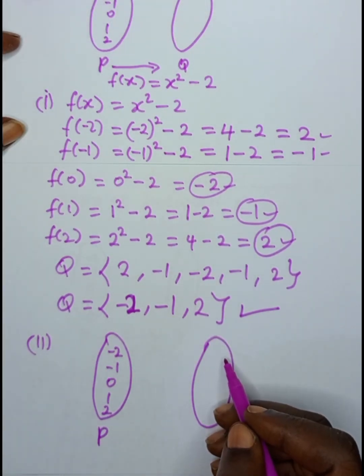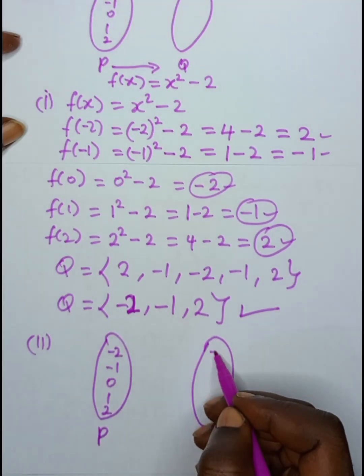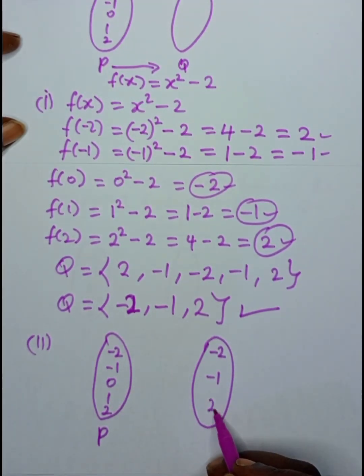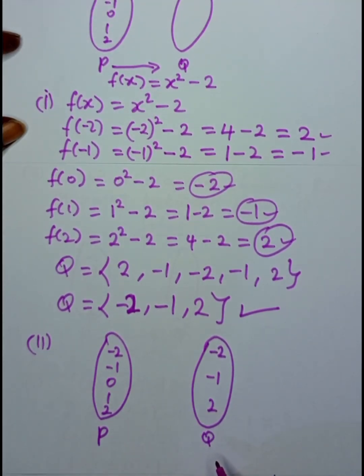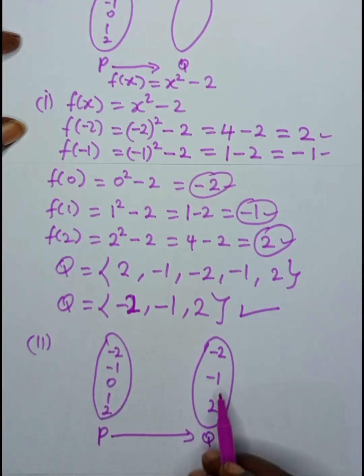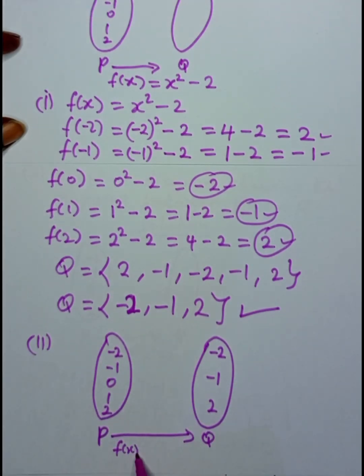Now the elements of Q are -2, -1, and +2. So this is the mapping. The function that transforms the elements in P to get Q is f of x equals x squared minus 2.